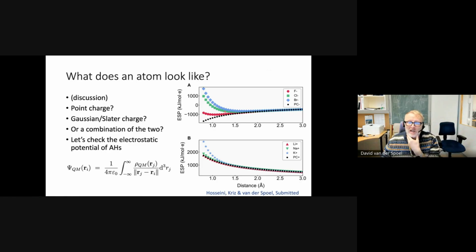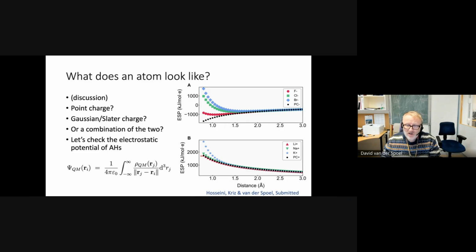And therefore, the electrostatic potential for those ions actually changes sign. In particular for bromide and chloride, and for fluoride you have to go even closer for it to change sign. So that means that the point charge is not only quantitatively, but also qualitatively an incorrect model of the electrostatic potential generated by such a particle.